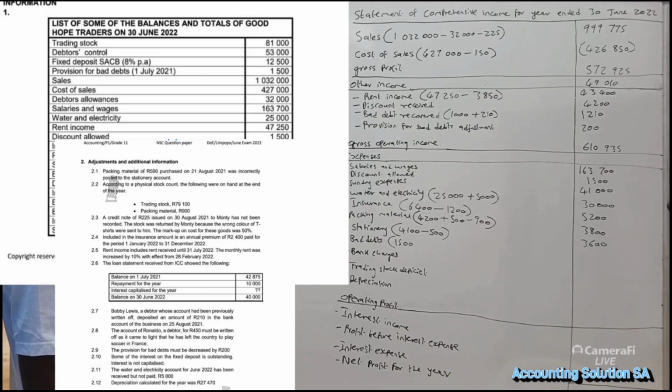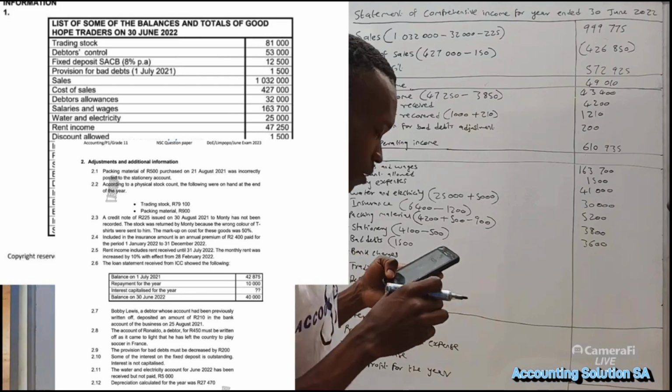Okay, additional information number, okay, let's check the one for bad debts. I think it's number 2.7, 2.8. Okay, account of Ronaldo, a debt of 450 must be written off as it comes to light that he has left the country to play soccer in France.